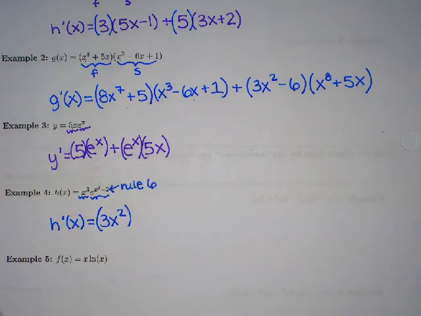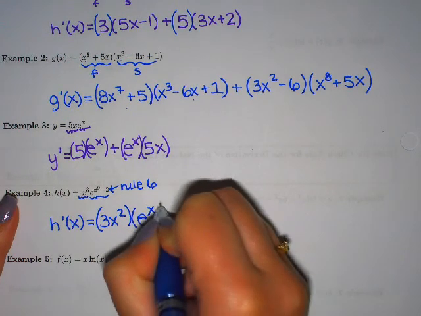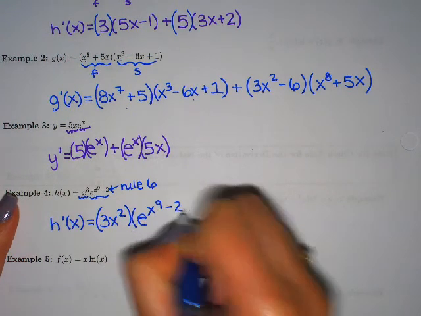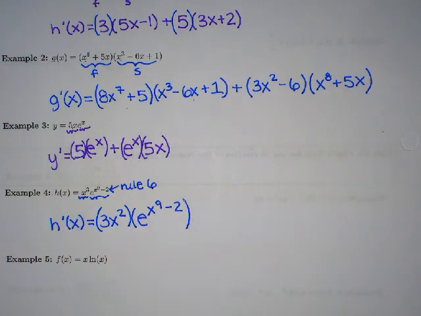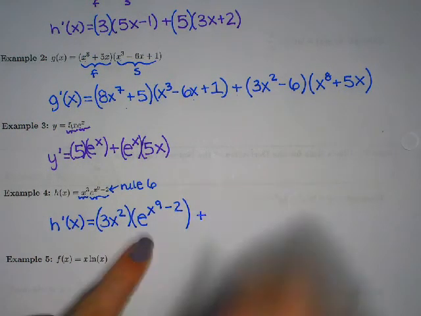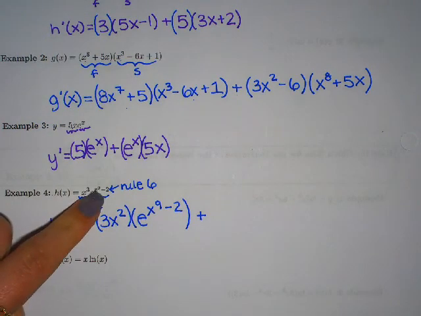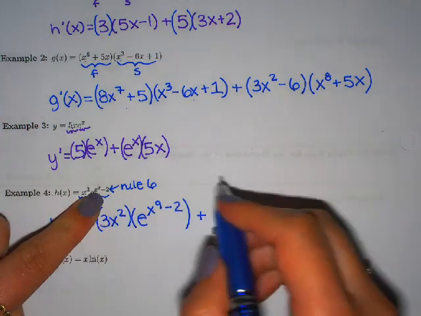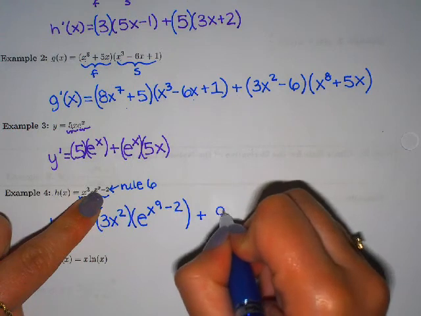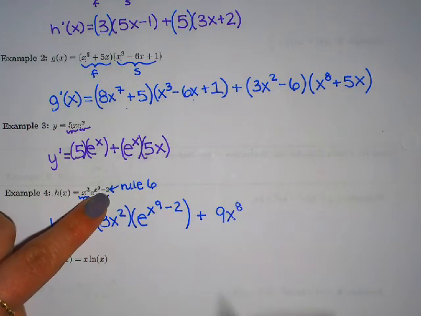So h prime of x is going to be derivative of x cubed, which is 3x squared. Derivative of my first, and I'll just put parentheses around it all the time just so that I'm not missing them. Derivative of the first, original second is e to the x to the 9th minus 2. Derivative of the first, original second, plus always the derivative of the second. Now I have to use rule 6. Derivative of my power, x to the 9th, is 9x to the 8th.